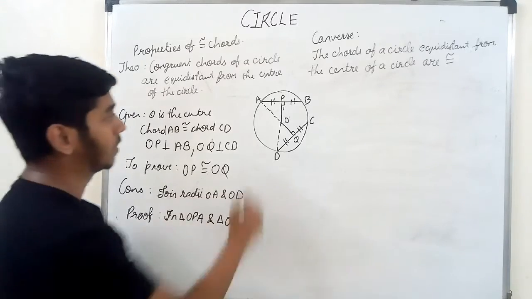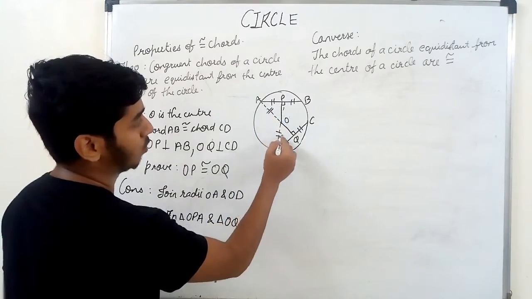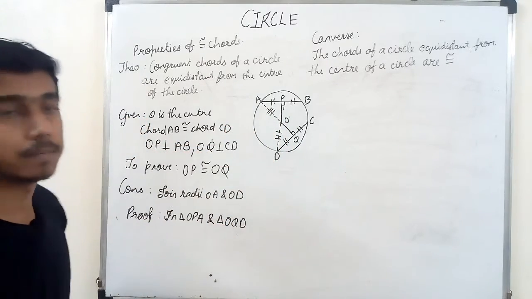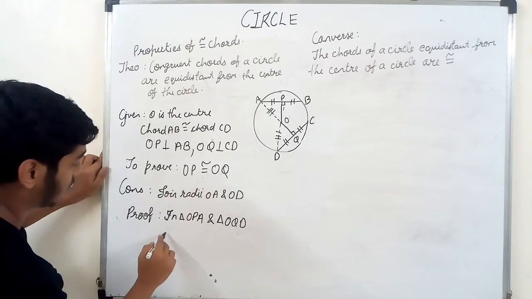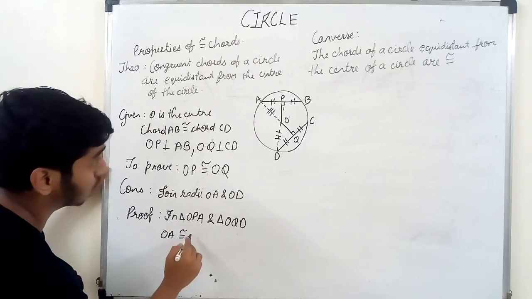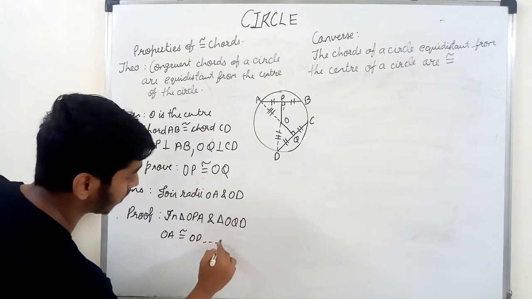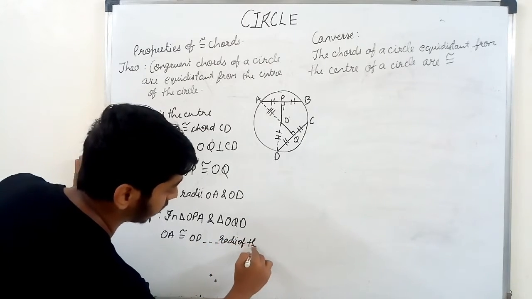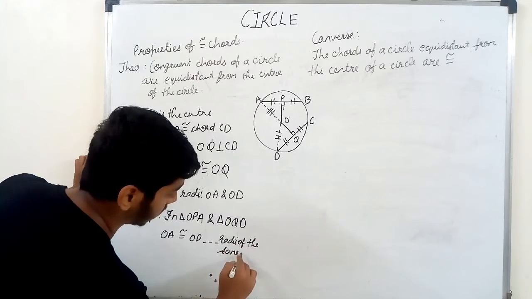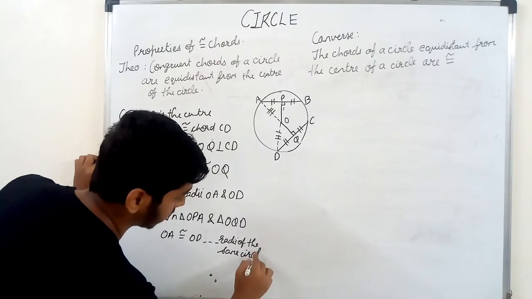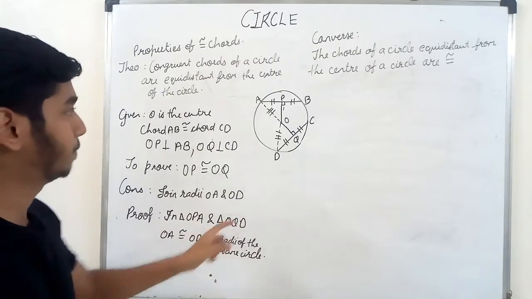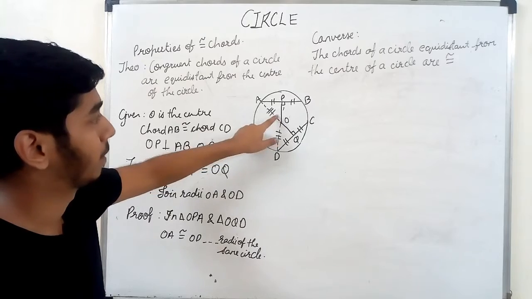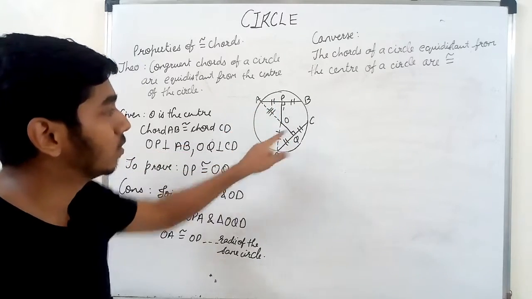Now see, OA is congruent to OD because they are radii of the same circle, correct? Now, can AP be equal to DQ also?